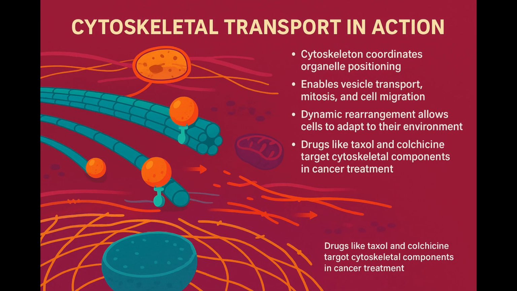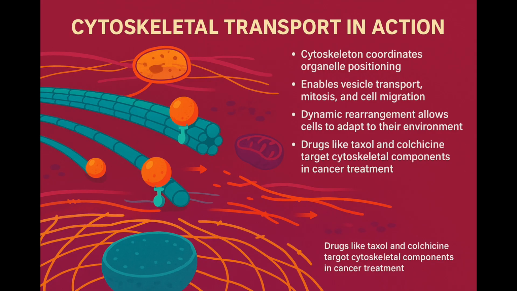Now let's see the cytoskeleton in motion, a coordinated dance of precision and power. Inside every living cell, motor proteins walk along microtubules like trucks on highways, towing vesicles filled with enzymes, hormones, or signaling molecules. Actin filaments at the edge of the cell extend and retract, pulling the cell forward or reshaping it in response to stimuli.